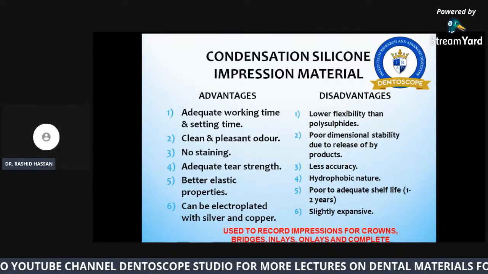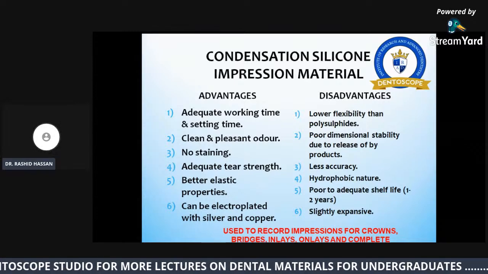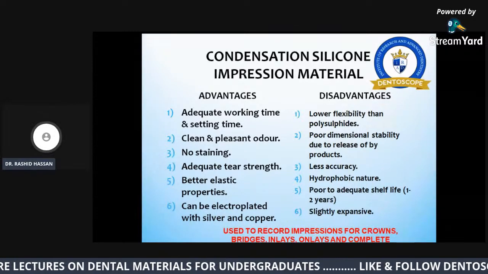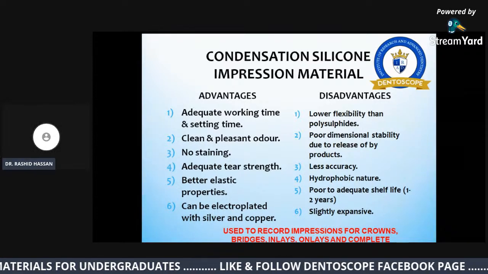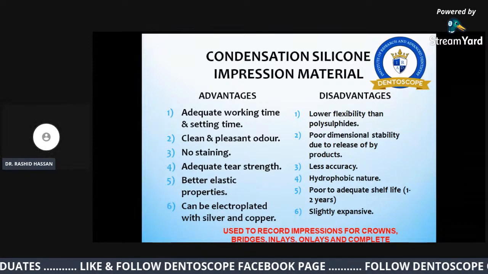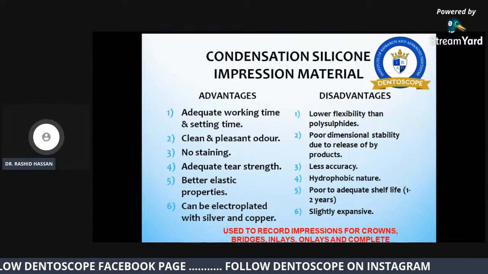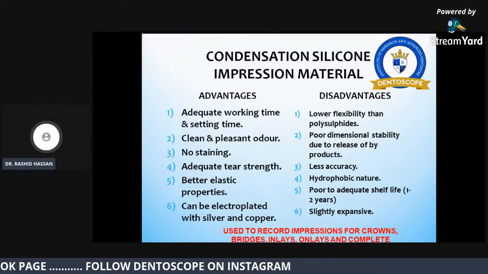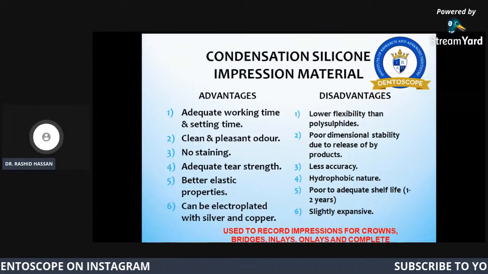Like if you are doing a 2 unit partial denture with the polymeric denture base, yeah, the pink ones, right? Well, the patient is not going to give you much money, right? So it should be economical for you as well.